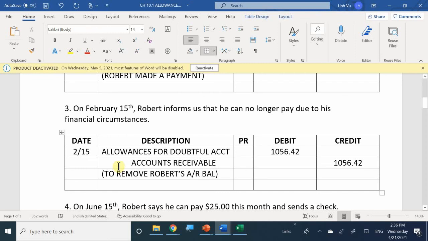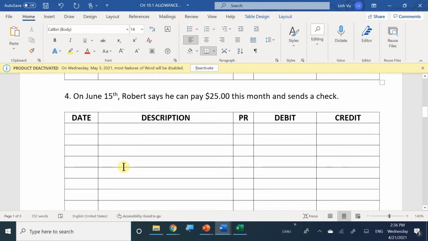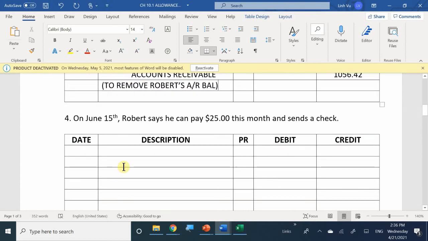All right. Is everyone okay with that now? Yes. All right. So then on June 15, Robert says that he can pay $25 this month.